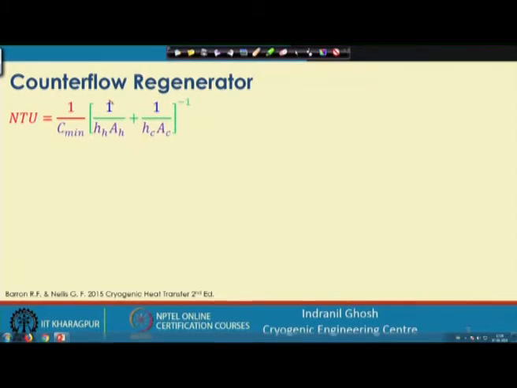This is 1 by h_H A_H, where h_H is the heat transfer coefficient on the hot side and A_H is the area associated with the hot side.